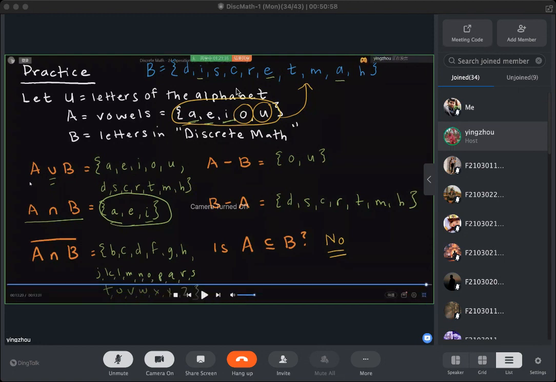That means, for example, if we just want to check A is a subset of B, it translates into a logic expression.